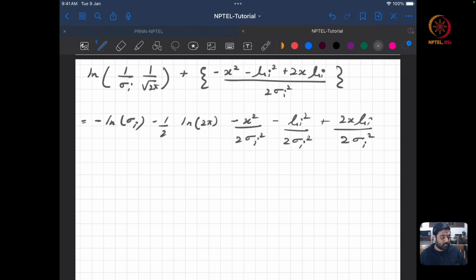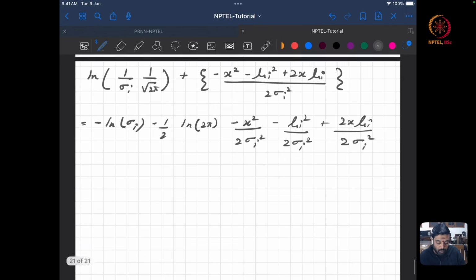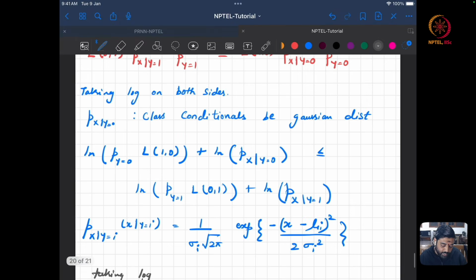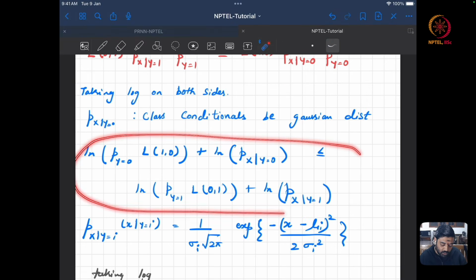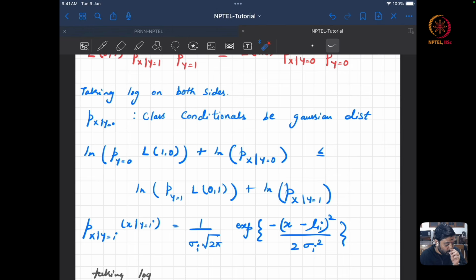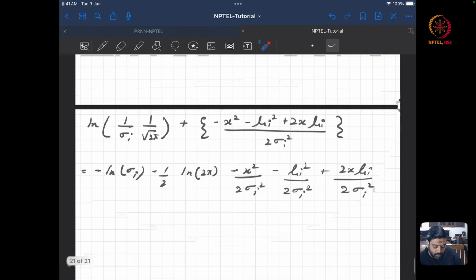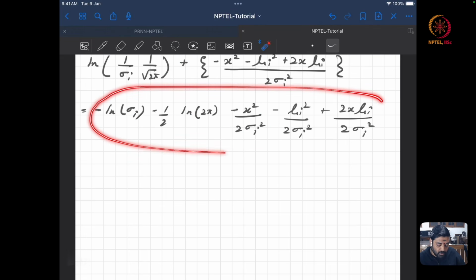Now I can substitute this back into this specific equation. Now you have this term, and then this will be replaced with this.